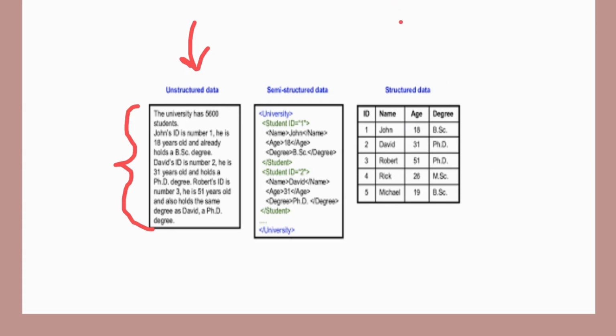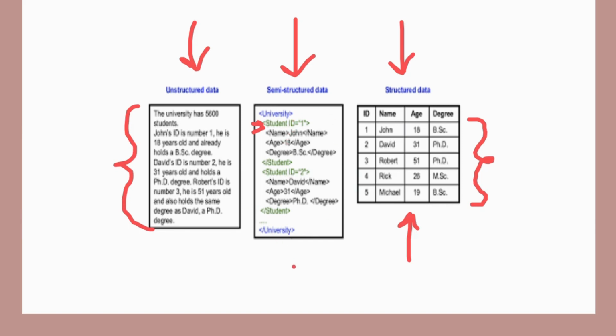Structured data is exactly the opposite. It has a well-defined structure. We can identify the number of people, the degrees, their ages, their IDs; everything is structured. Semi-structured data is between these two types. There are tags to identify things, but it does not have a tabular structure.